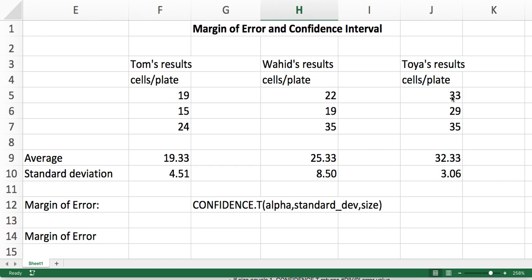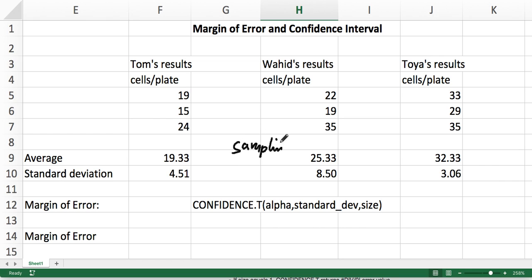We have 3 students here, and of course if 100 students did it, we would probably get 100 different averages. This is actually called the sampling error that we make.